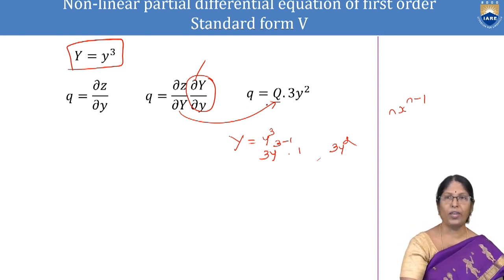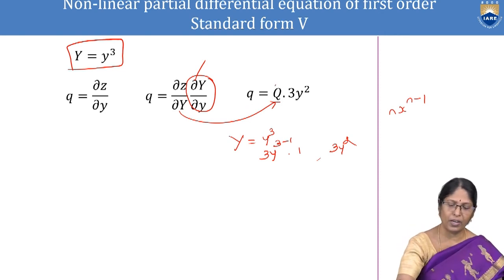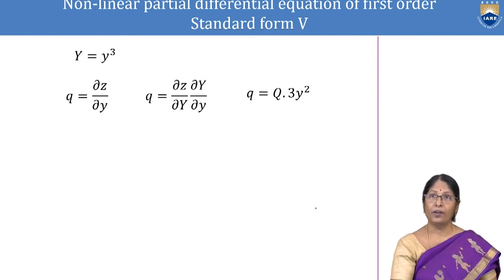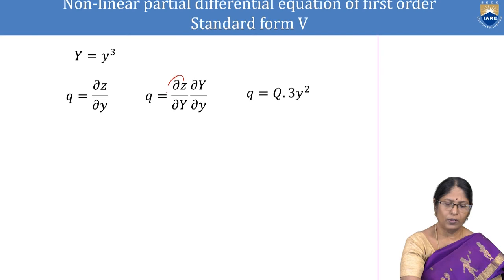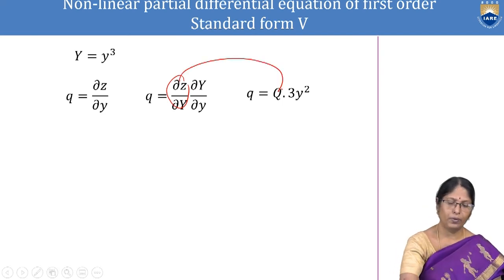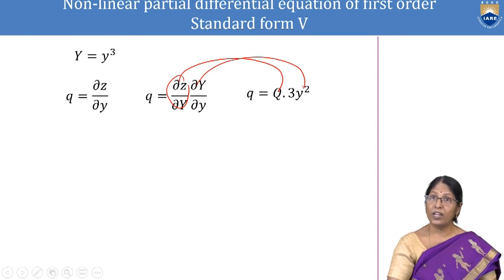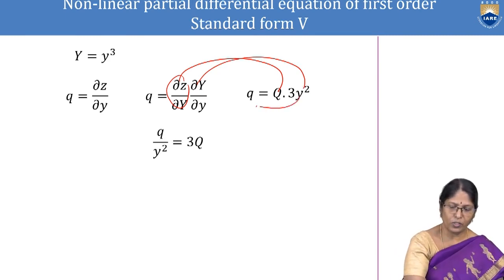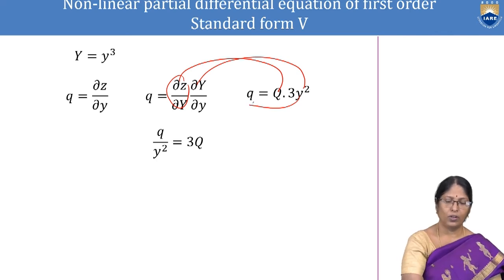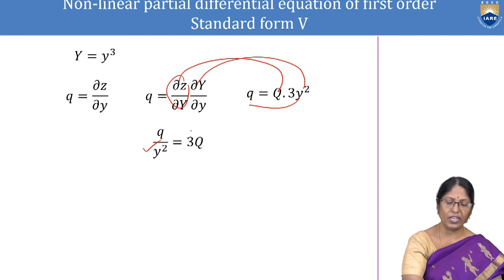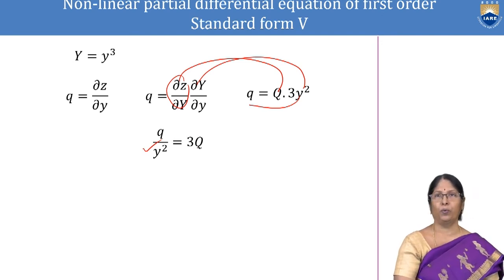So small q equals capital Q into 3y square. This is capital Q, this is 3y square. We brought this y square down, so it becomes q by y square, which equals 3Q.